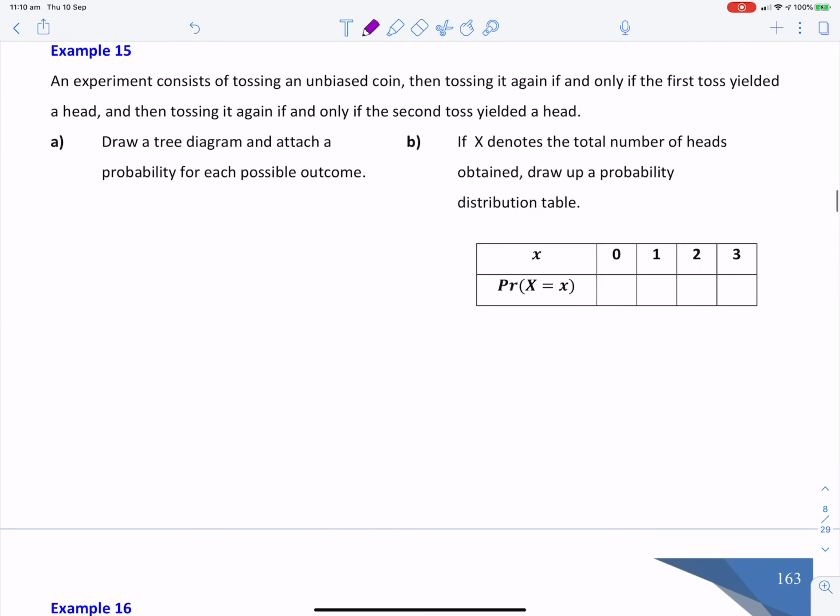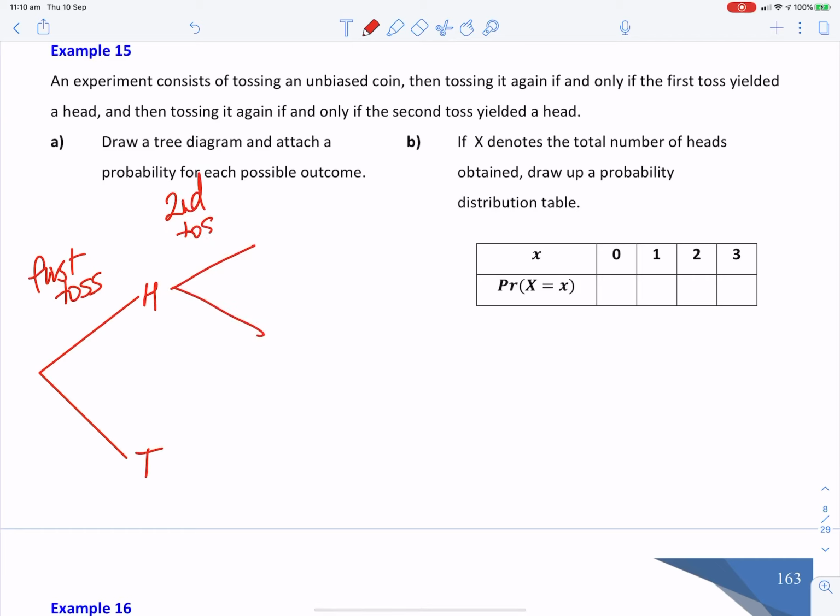Okay. An experiment consists of tossing an unbiased coin and tossing it again if and only if the first toss yielded a head, and then tossing it again if and only if the second toss yielded a head. So, first toss, we can get a head and a tail. We only toss it again, second toss, if we got a head, and then we only toss it again if we got a head again.